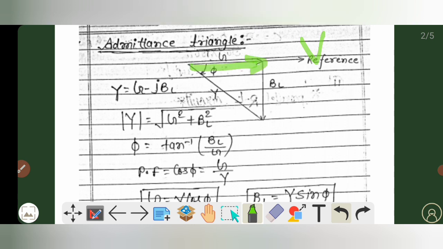And as we know, the current in an inductor leads the voltage by 90 degrees. So this will be the current across the inductor.